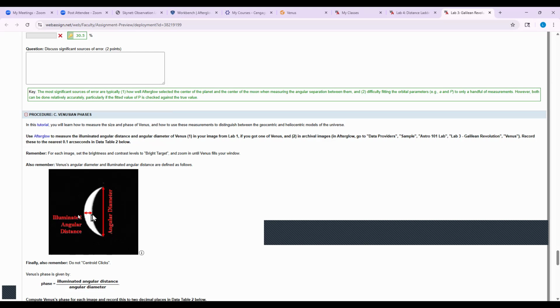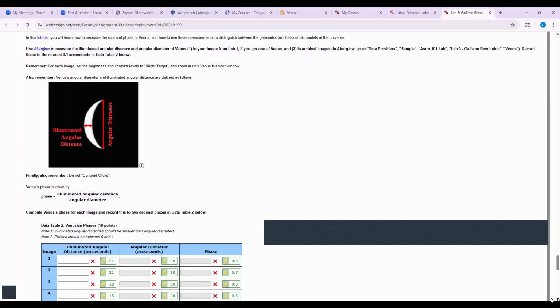Here, we're gonna measure two parameters. One is they call the illuminated angular phase, and another one is angular diameter. Angular diameter is from tip to tip, and the illuminated angular distance is across the crescent, or the size of the crescent that you have, as shown on this picture.